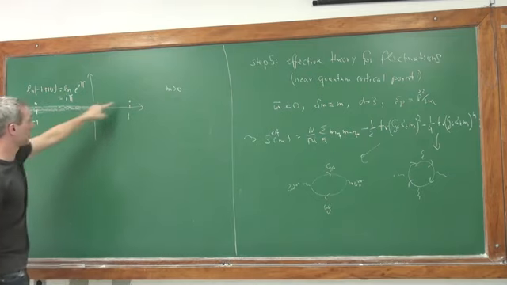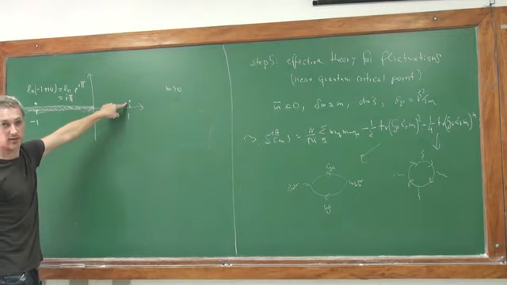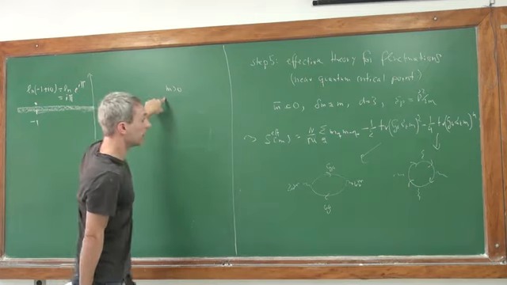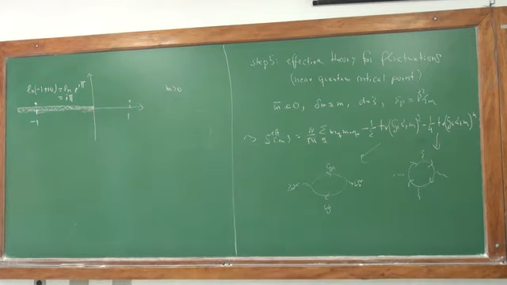Okay? And then we subtract the log of 1, which is just 0. Okay? So for m larger than 0, this is just i pi. Okay?